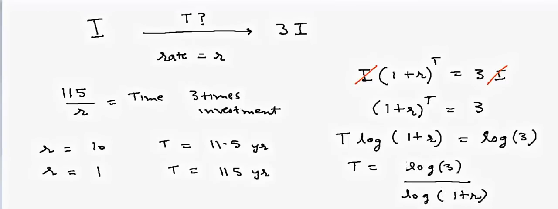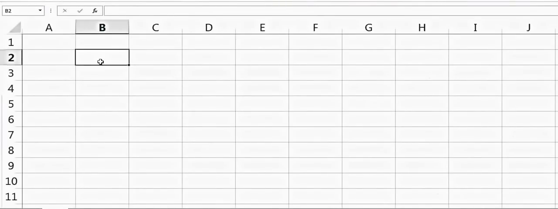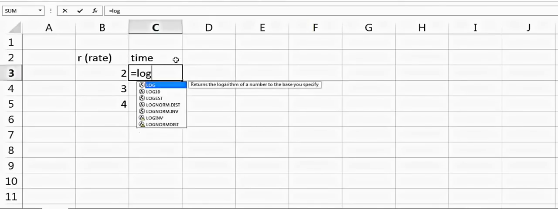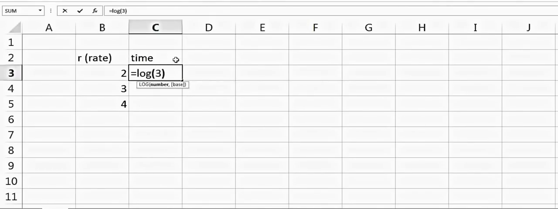So let's try to solve this equation in Excel. If I go to Excel, suppose R is my rate, and we have the rate varies from 2, 3, 4, and our time will be equal to log of 3 divided by log of 1 plus rate, right?